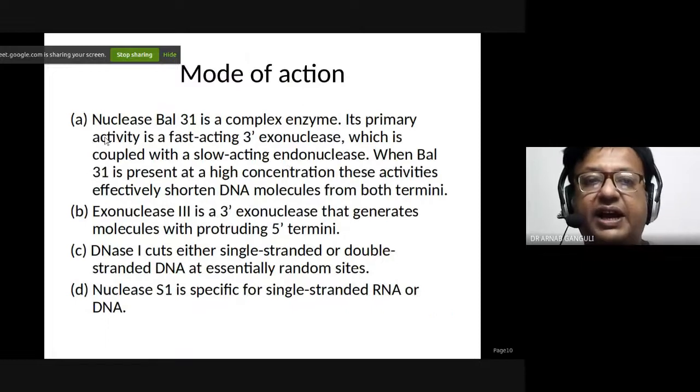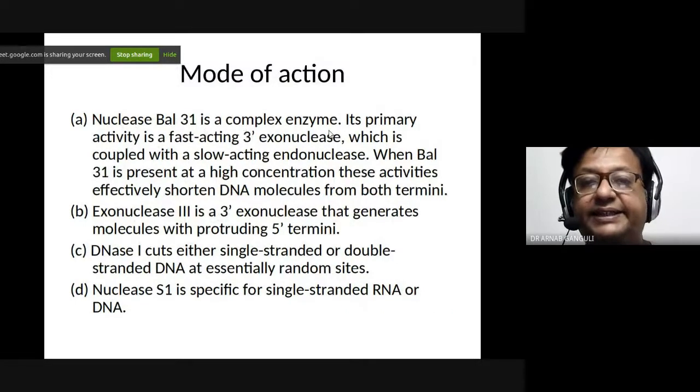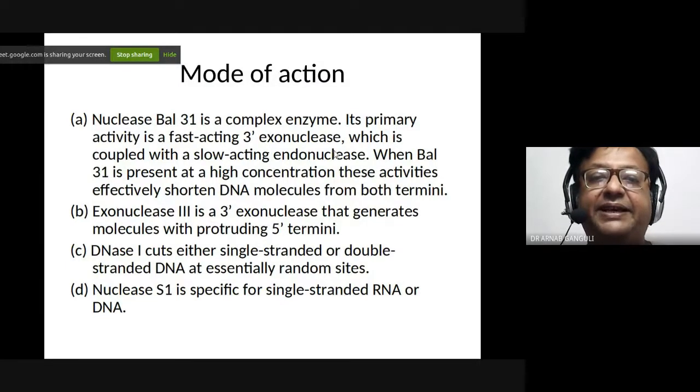So, the mode of action of nuclease BAL31: it is a complex enzyme. Its primary activity is a fast-acting 3 prime exonuclease, which is coupled with a slow-acting endonuclease. When BAL31 is present in high concentration, these activities effectively shorten DNA molecules from both termini.